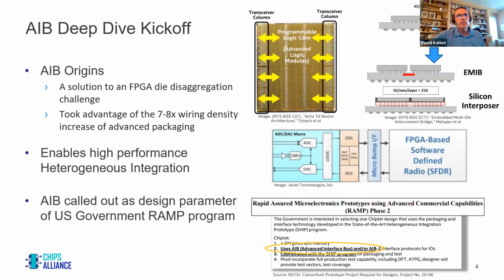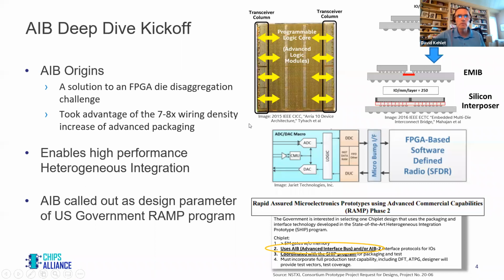People who are familiar with our AIB journey will recall that AIB was invented to solve a die disaggregation challenge we had with the Stratix 10 FPGA. On the previous Arria 10 generation, we had a monolithic device with high bandwidth die connections from the core to the transceiver columns, as shown with the yellow arrows. When we selected Intel's 14 nanometer process, we wanted to reuse our transceiver design built on TSMC.